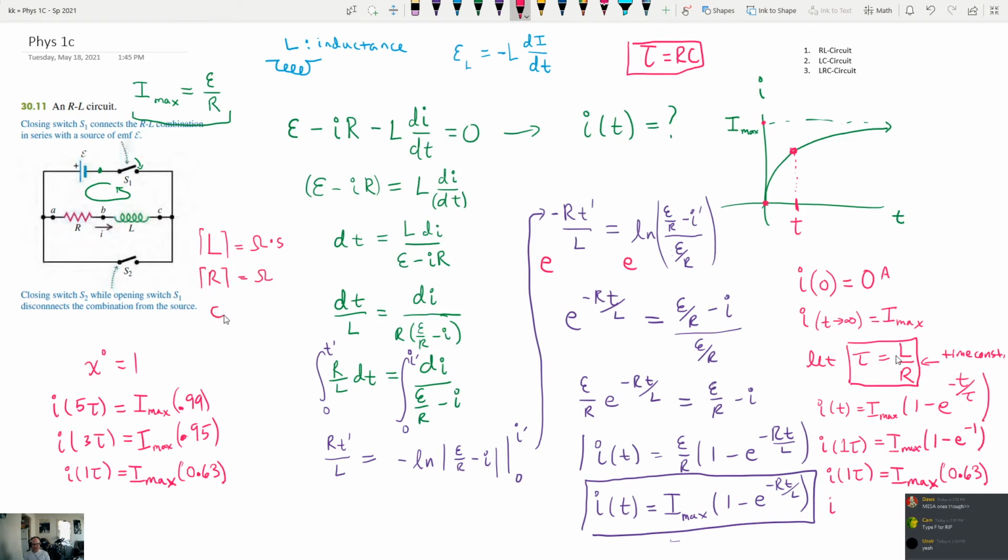And capacitance, we didn't talk about this ever, but if you look at the units for capacitance, I'm pretty sure capacitance has the dimensions of, okay, I was going to say 1 over ohm seconds, but that can't be right. I think it's going to be ohms over seconds or something. Let's figure it out. So what is a capacitance?